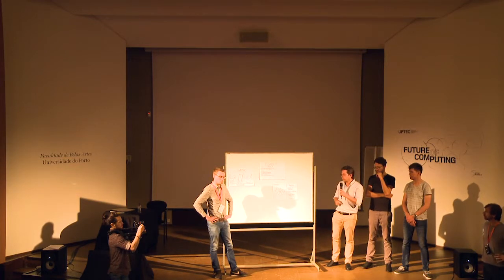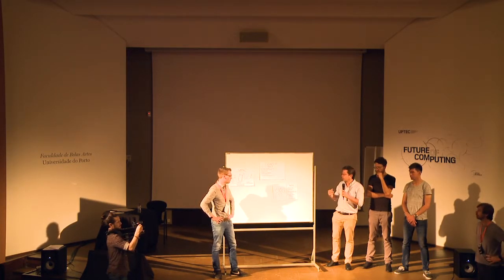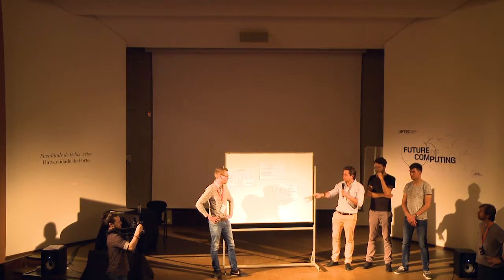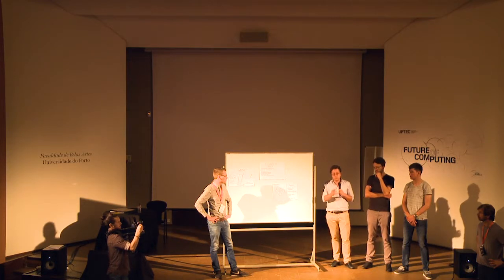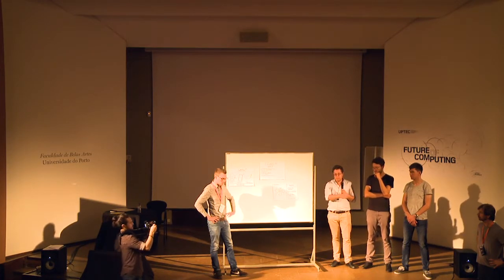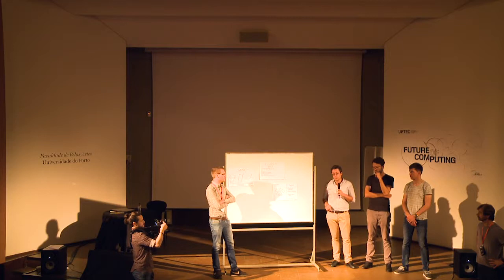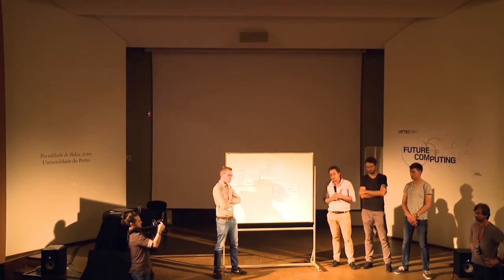We want to remove all these central points as much as possible, because that tends to be a point of trust that you need to place in it. So our idea was that you only trust local devices and then you build a chain of trust.